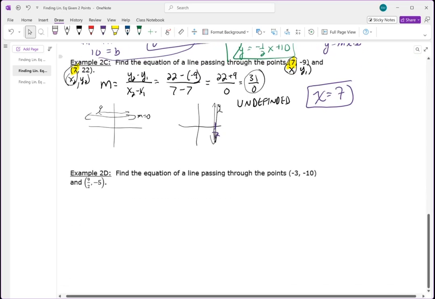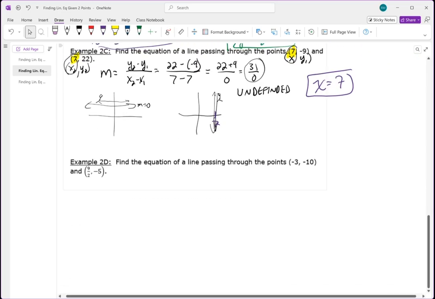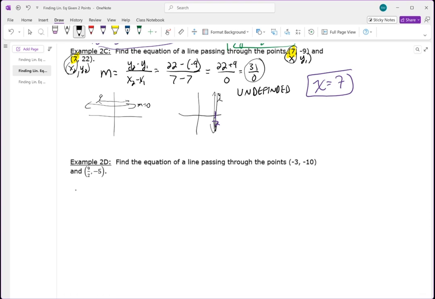Now, if you're still with me, we're going to just do one more problem, and that's going to involve fractions, just so we can make sure that we can do this process with fractions. Again, I'm going to plug in x1, y1, and x2, y2. So my y2 is negative 5.